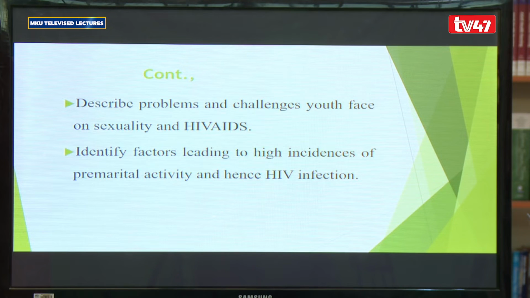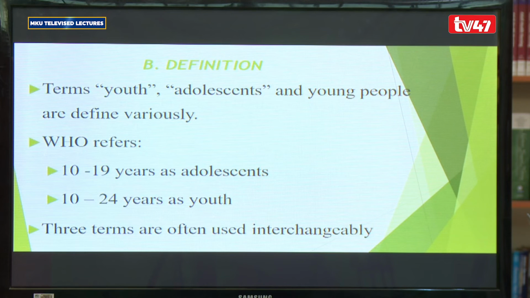Also, we will describe the problems and challenges youth face on sexuality and HIV and AIDS, and identify factors leading to high incidence of premarital activity and hence HIV infection. Those are our objectives that we need to achieve, so by the end of the lesson, we'll be able to answer those questions.